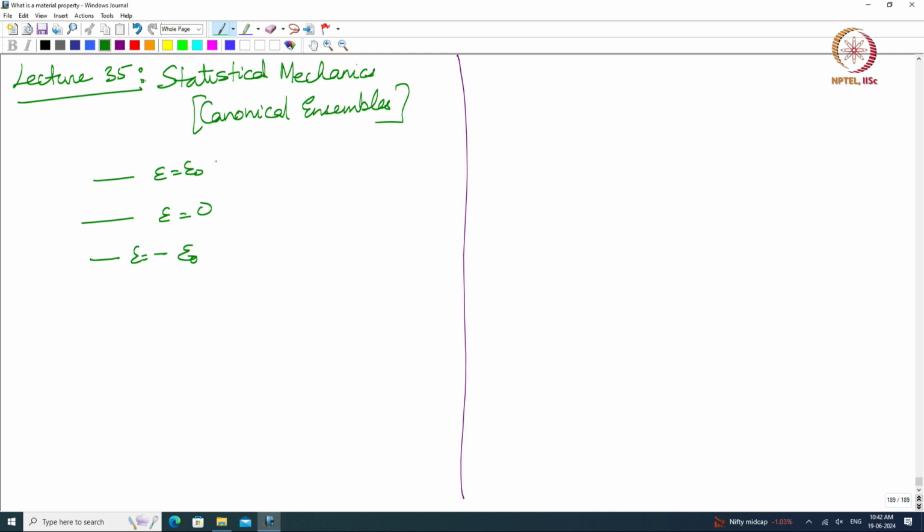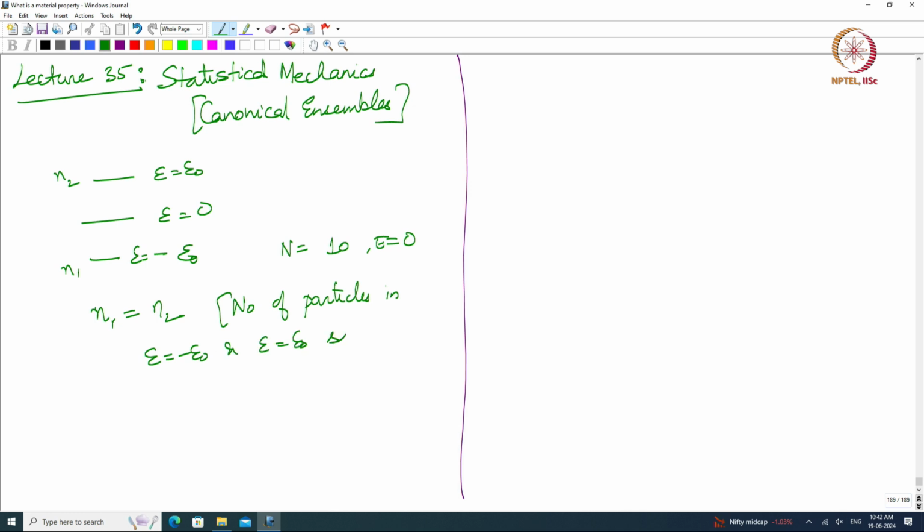So, this is a 3 level system, and I have n equal to 10, again E equal to 0. If I have E equal to 0, that means if I put n1 particles here and n2 particles here, n1 should be equal to n2, right. So, the number of particles in epsilon equal to minus epsilon naught and epsilon equal to epsilon naught should be the same. Only then can E be equal to 0, right.